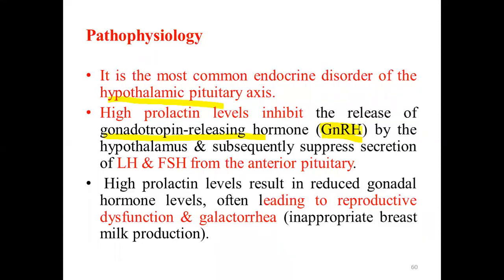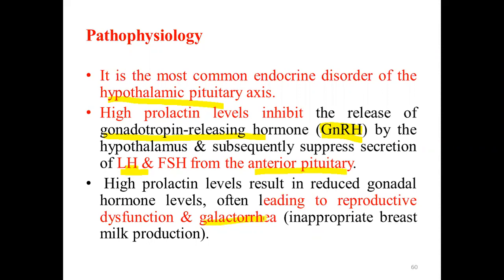So what will happen if gonadotropin releasing hormone release is suppressed? Then it subsequently lowers the stimulation of luteinizing and follicle stimulating hormone from the anterior pituitary gland. This ultimately results in reproductive dysfunction and galactorrhea.